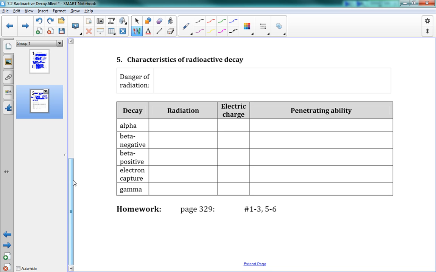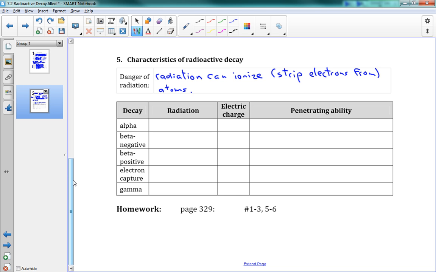The danger of radiation is that radiation can ionize, which means strip electrons from atoms.